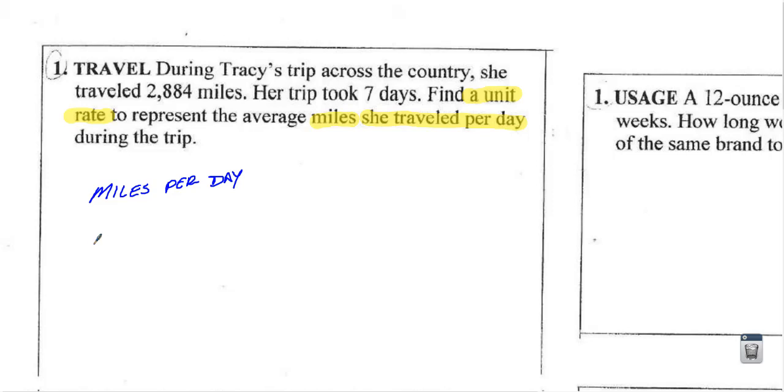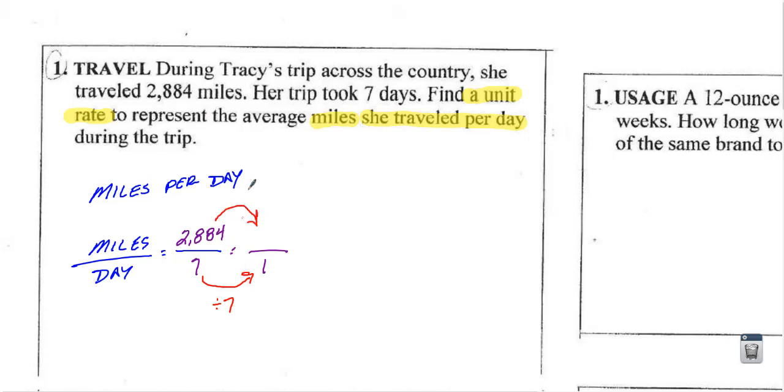If I turn that into a ratio, it looks like this. Miles per day. That helps me then pull information from the problem. Miles, 2,884. Days, 7. I know that if it's going to be a unit rate, that has to be a 1. What do I do to get that to 1? I divide by 7.